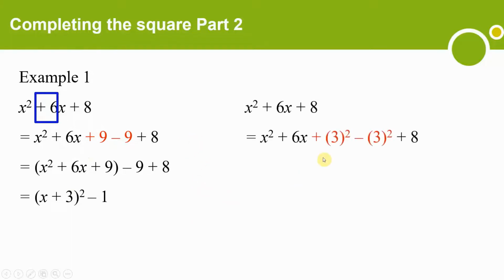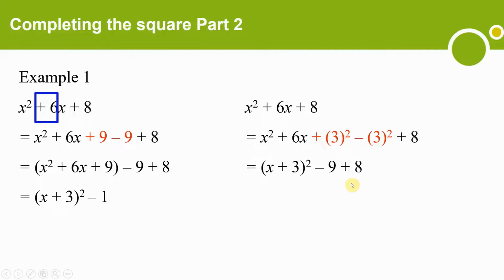I want you to write in this form, whereby we divide 6 by 2 and then we square it. But we just leave it in this square form because, again, we want this number to help us to write the bracket here. So by doing this, the number we just copy back and we will get the square form, and we just need to simplify the back here.